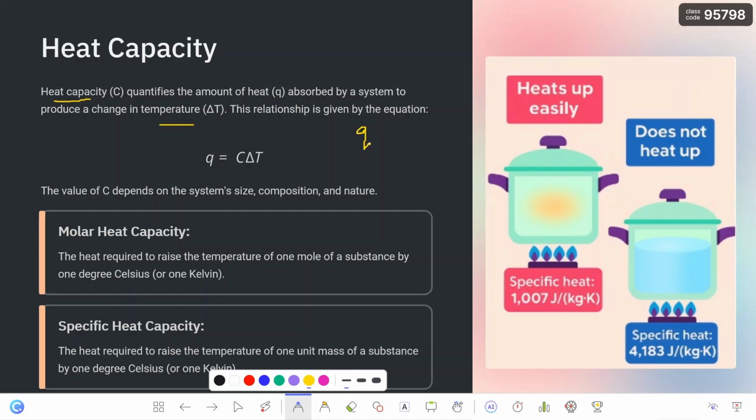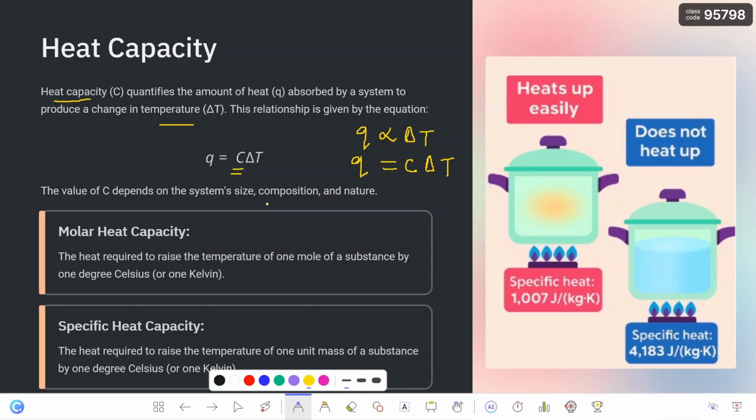To change this proportionality sign into an equation, we multiply with a proportionality constant, C, which is called the heat capacity. The value of C depends on system size, composition and nature, so it varies for every substance.